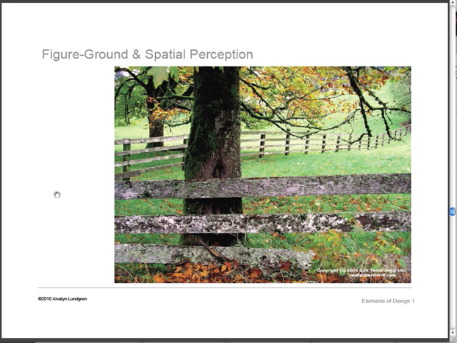As we look at this photograph, we notice obviously that there are overlaps. We have this tree being overlapped by the fence, and the fence being overlapped by the tree, and the tree being overlapped by the fence. And then we recognize the type is sitting on top of everything, and the type is actually part of the design area.